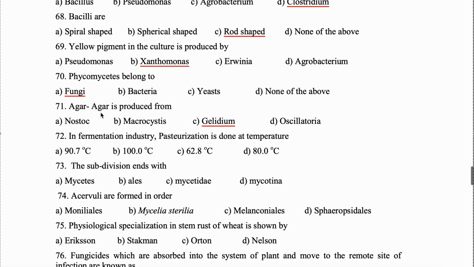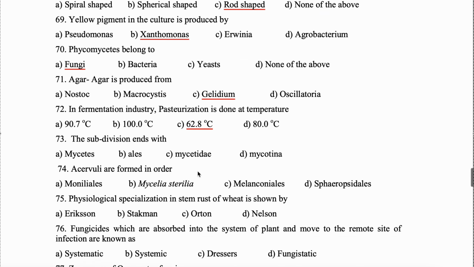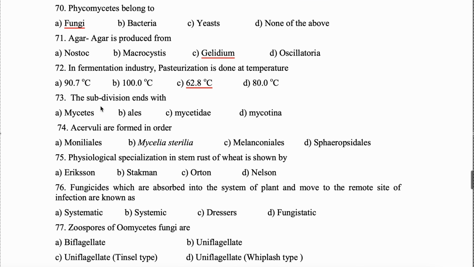Agar agar is mainly produced from the genus Gracilaria or Gelidium. It is red algae basically. Question 72. In fermentation industry, pasteurization is done at a temperature of 62.8 degrees Celsius. 73. This subdivision ends with mycotina.